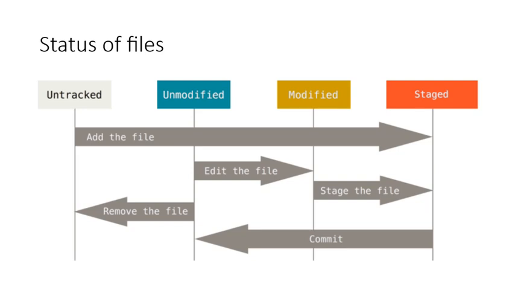When you add a file to the staging area, the file is in the staged state. Therefore, the three states for a tracked file in a working directory initialized with Git are unmodified, modified, and staged.